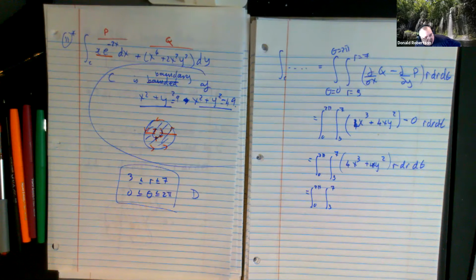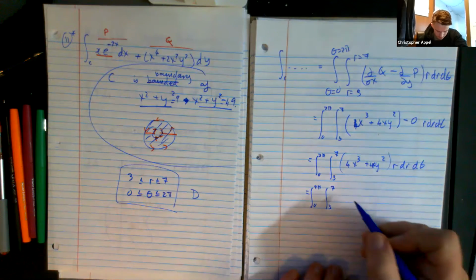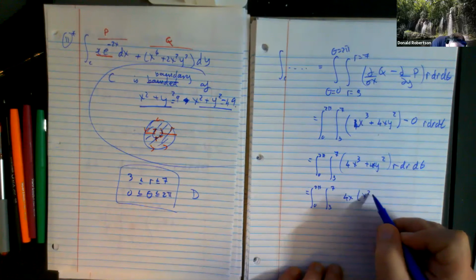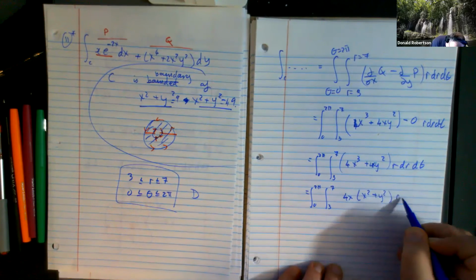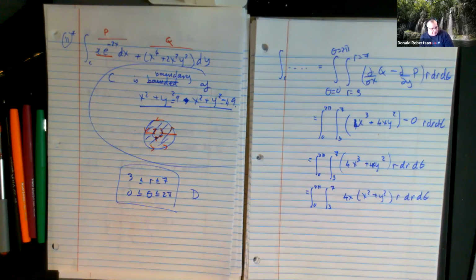Anything algebraically you can do to that? Take an x out. Okay, I might as well take a 4 as well while we're at it. And that leaves me with that. Do you now see that that's going to be a little bit prettier when we go polar on it?